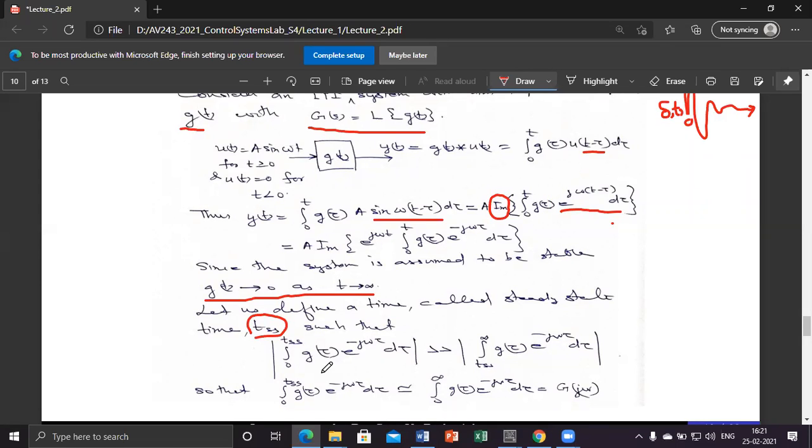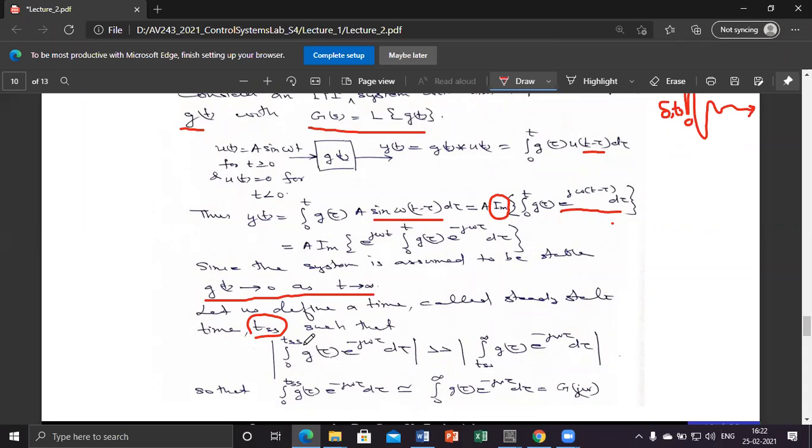Why? You know that g(t) is nothing but the unit impulse response of the system, and the unit impulse response dies out as t tends to infinity, and e^(j omega t), its magnitude is always 1 only. So 1 multiplied by g(tau), g(tau) is an asymptotically diminishing term.